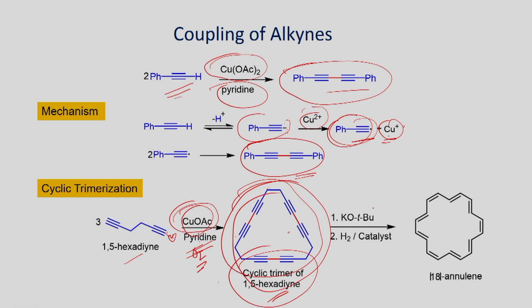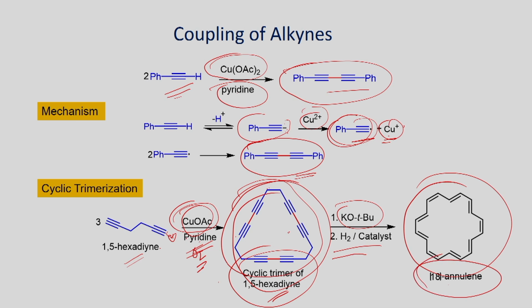Once you form this one, now you can try to deprotonate using base followed by hydrogenation. You'll be able to form this. In this case, the formation of 18 annulene is shown here. If you have this 1,5-hexadiene, it can be readily converted into 18 annulene using this approach.